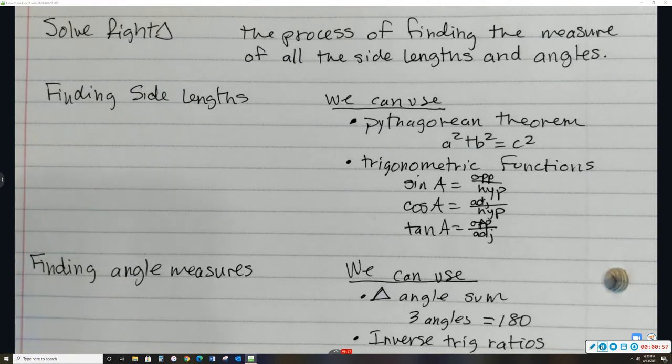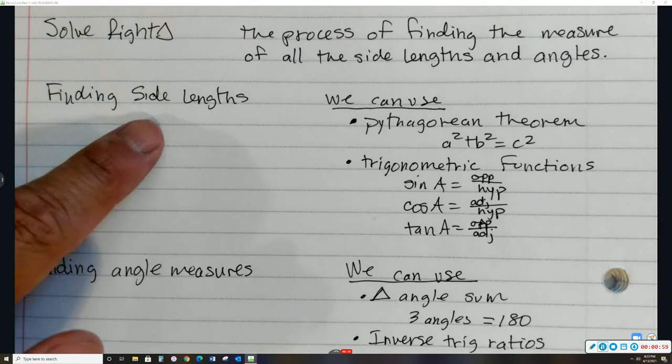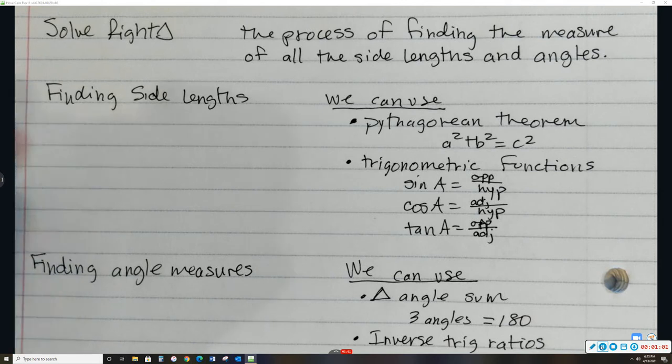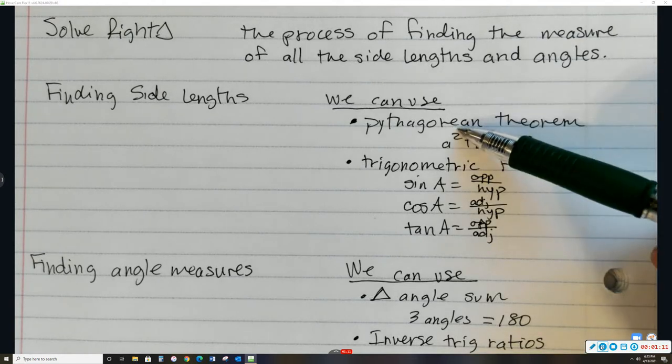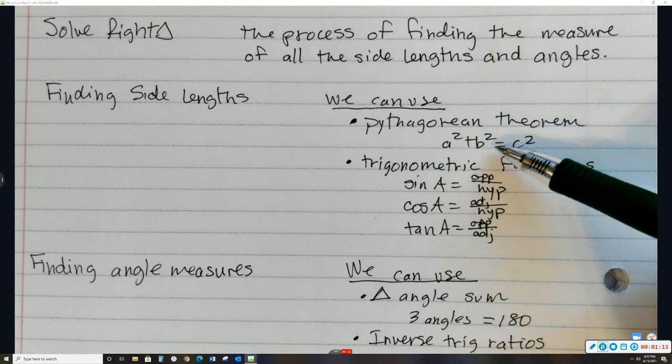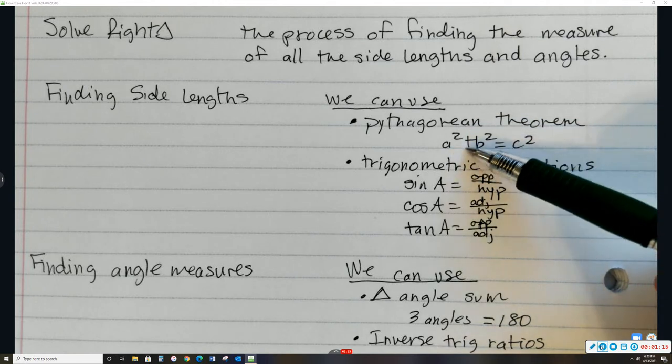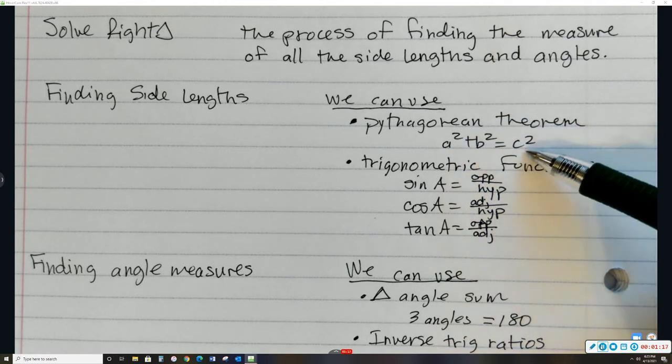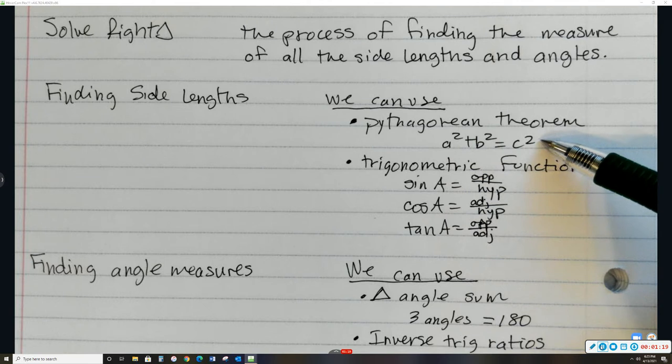For finding the side lengths, there are 2 things we can use, and what we use depends on what information is given to us. We can use the Pythagorean theorem: a squared plus b squared equals c squared. It's been a while since we used this, but you should still remember how to use it.